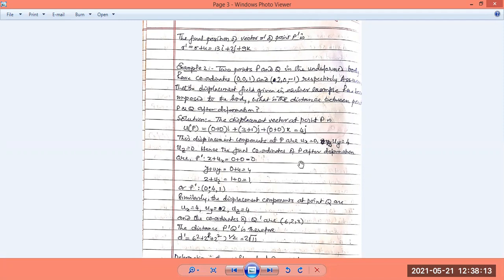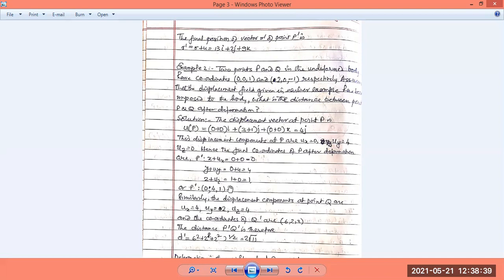The final coordinates of P after the deformation will be x plus ux, 0 plus 0 equals 0; y plus uy, 0 plus 4 equals 4; and z plus uz, 1 plus 0 equals 1. So the coordinates of P dash become 0, 4, and 1.